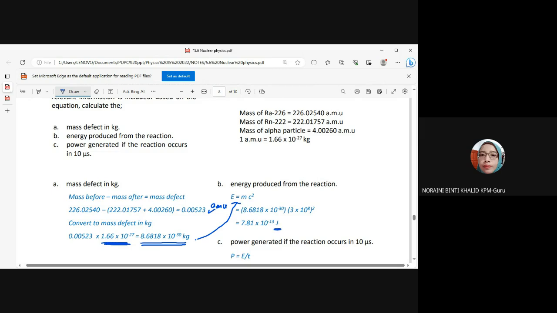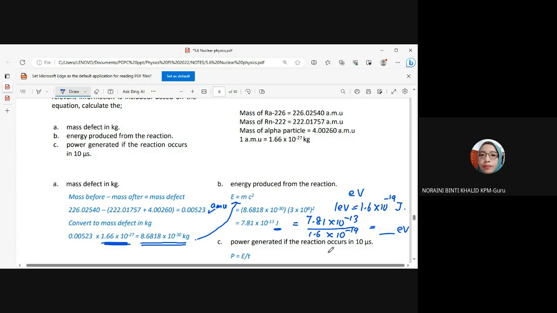Kalau you nak tukar kepada EV, electron volt, maksudnya you kena divide dengan 1.6 times 10 power negative 19 joule. Sebab energy pun boleh bagi dalam EV. Jadi jawapan pun dalam EV.